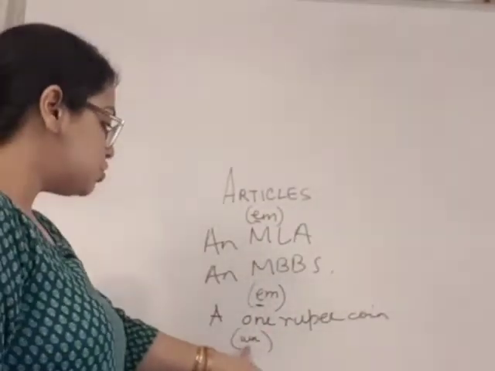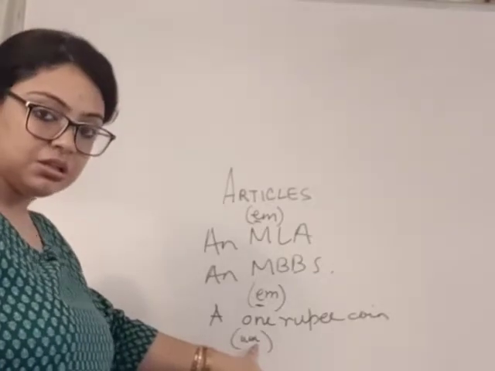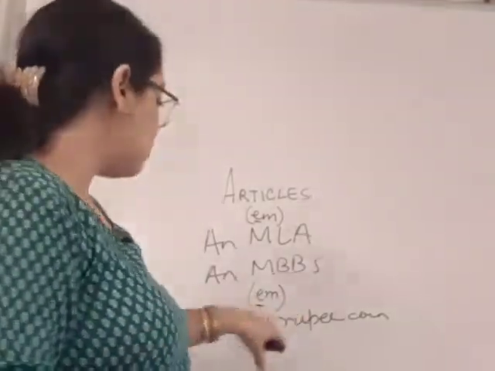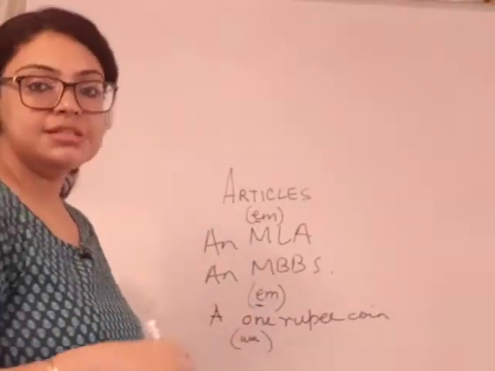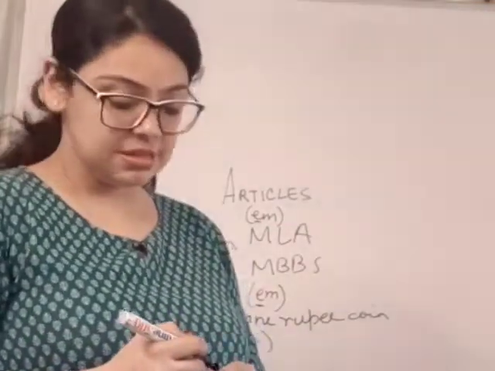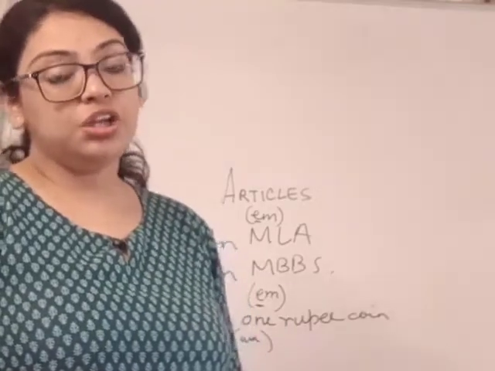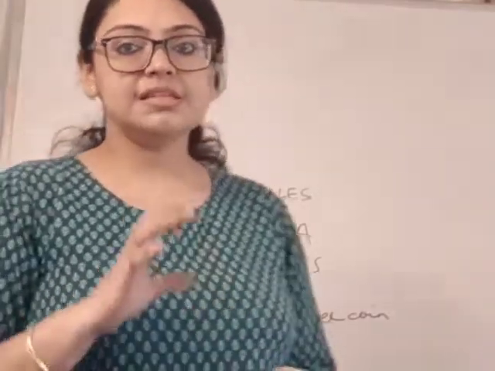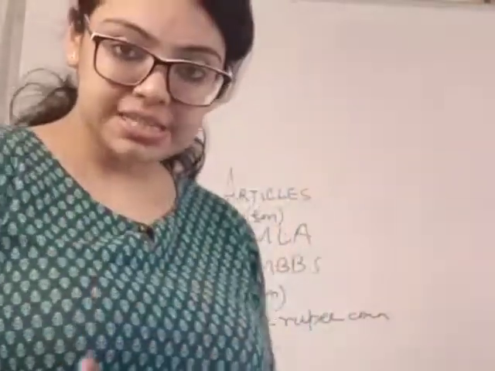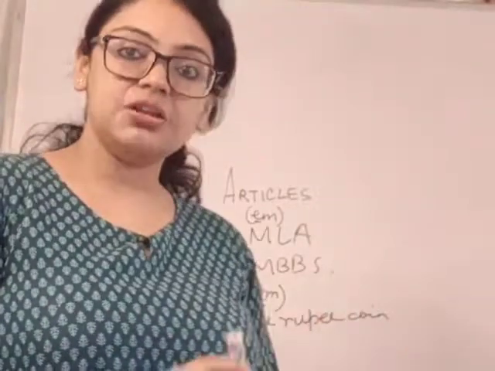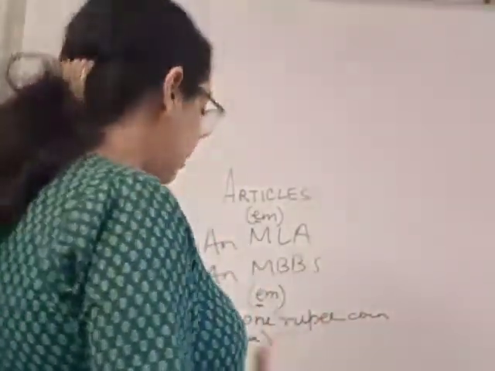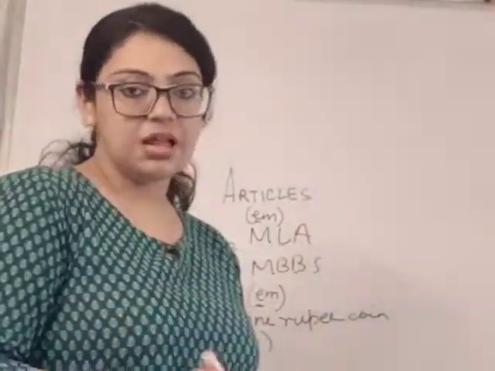So it starts with a vowel, but the sound is that of a consonant. Similarly, unicorn, university, all these start with a vowel letter but a consonant sound. So you put a before it and not an. Okay. So these are the general rules that will help you.